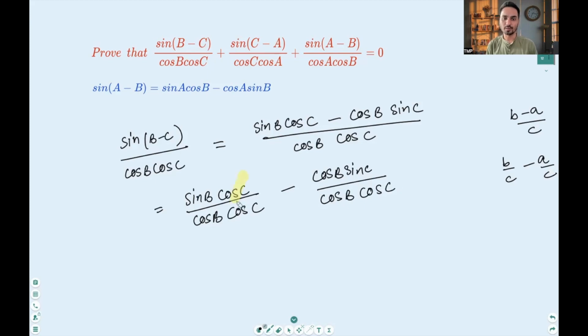In the first term, we can cancel out cos c. In the second term, we can cancel out cos b. So we have sine b over cos b, which can be written as tan b, minus sine c over cos c, which can be written as tan c.